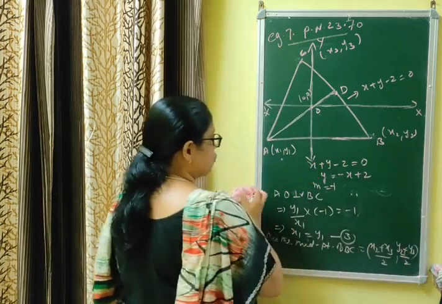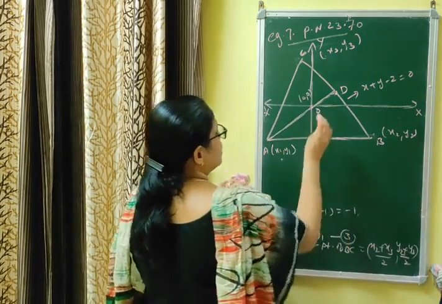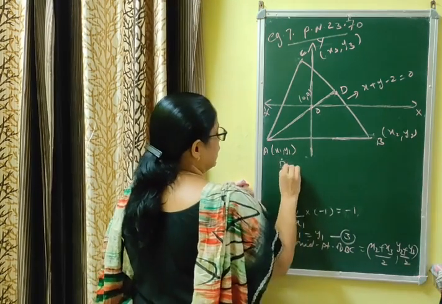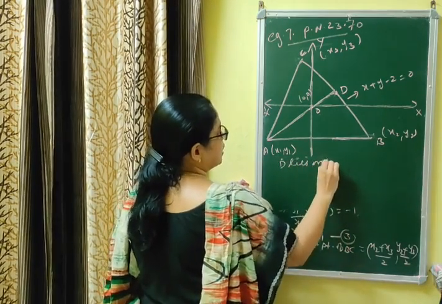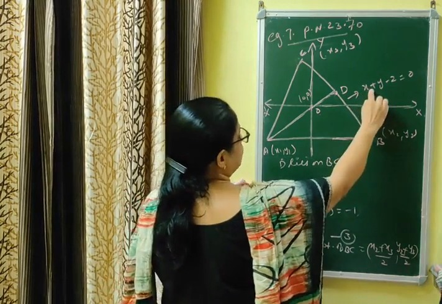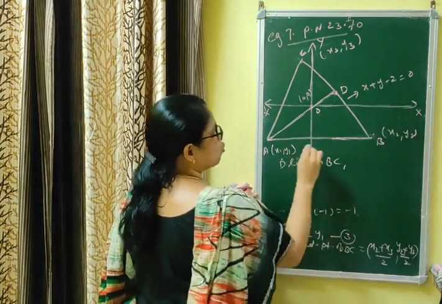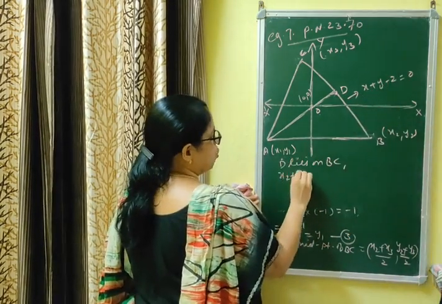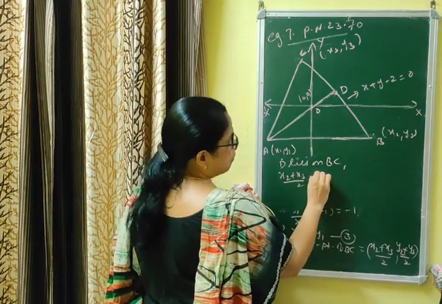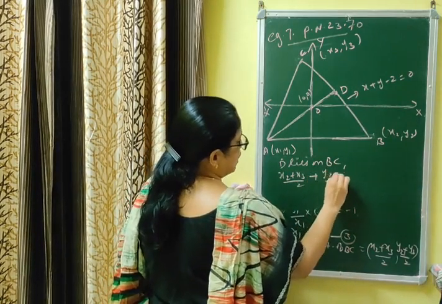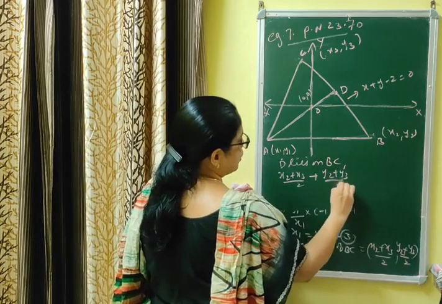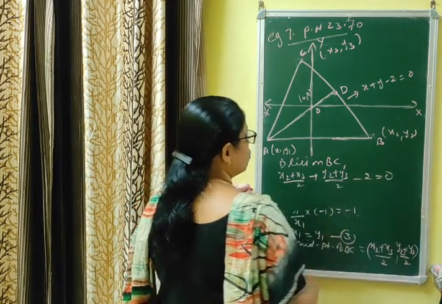Now D lies on which line? D is lying on BC. That means D must satisfy the equation of BC, that is x plus y minus 2 equals 0. That is (x2 plus x3) by 2 plus (y2 plus y3) by 2 minus 2 is equal to 0.